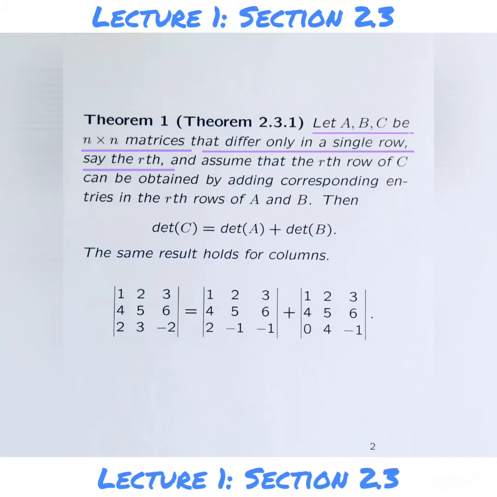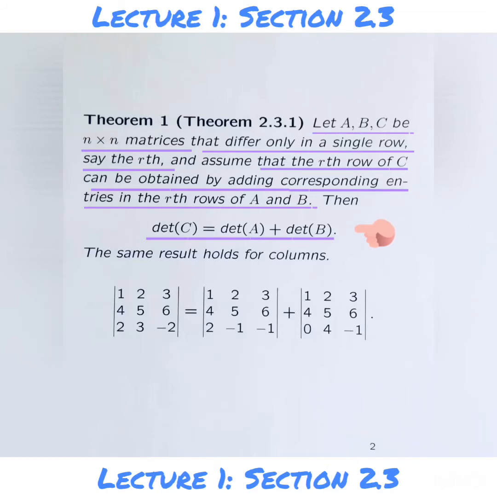And we can obtain the rth row of C by adding the rth row of A to the rth row of B. And when that happens, the determinant of C is the sum of the determinant of A and the determinant of B. So if we have this special case, then the determinant will distribute over the sum.